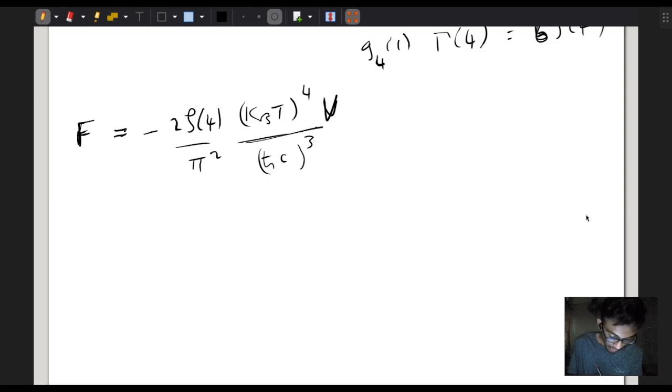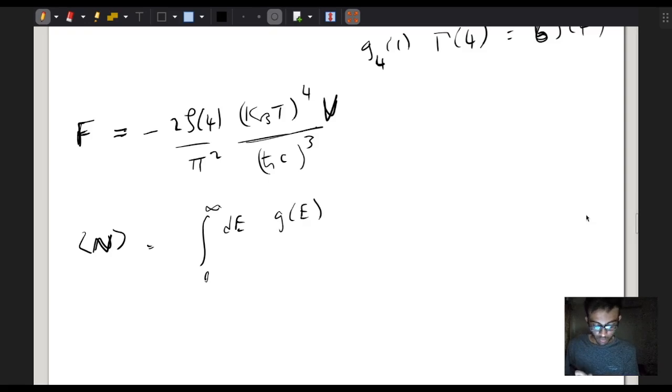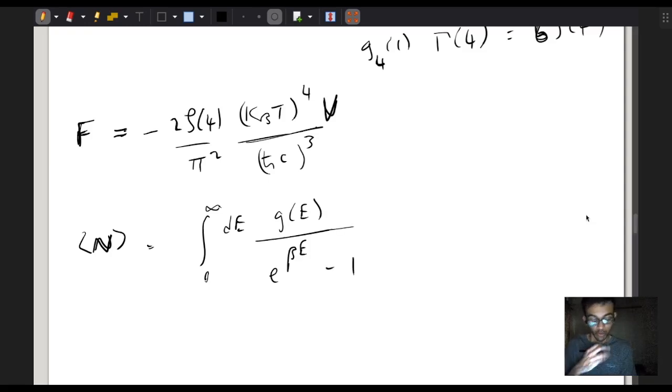So the mean value of the number of photons is going to be this factor of 1 by e to the beta e minus 1.